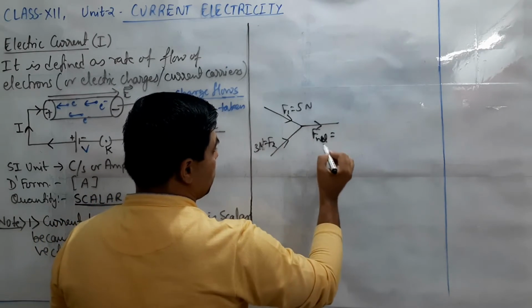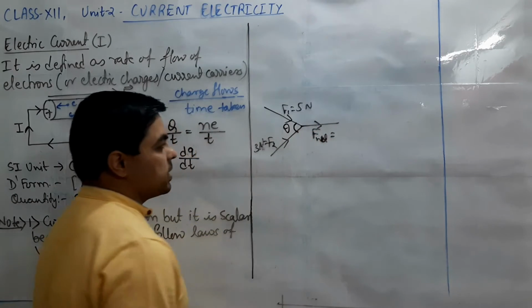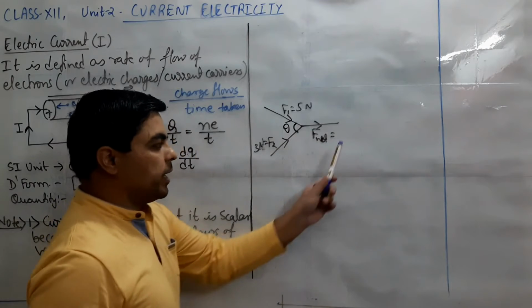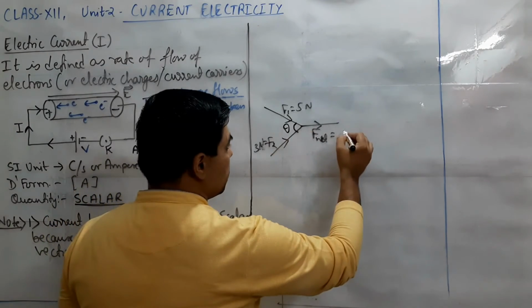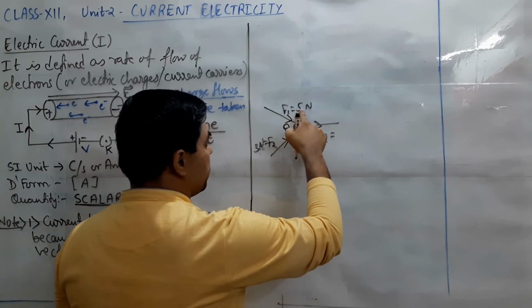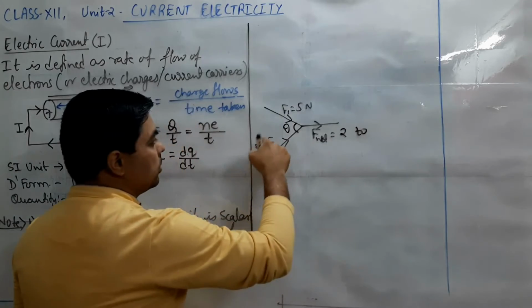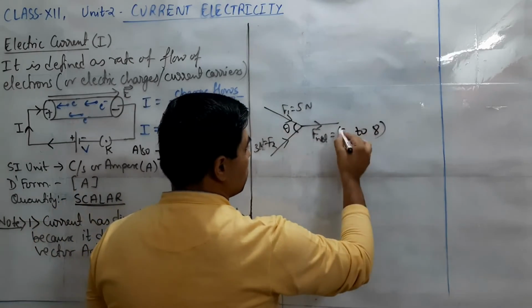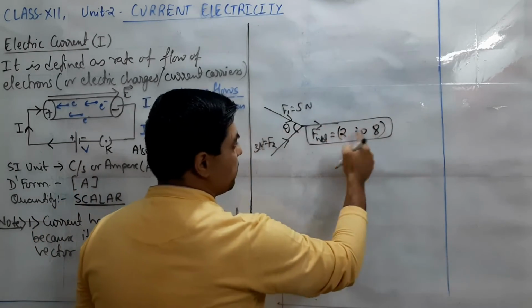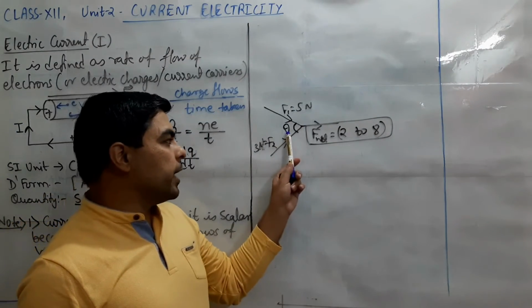So that we represent from the angle between the two. What is the angle between the two? That will impact the final result. It may lie from a minimum value 5 minus 3, that means 2, to a maximum value 5 plus 3, 8. This will be the result. Anywhere between 2 and 8, the final answer will depend on the angle.